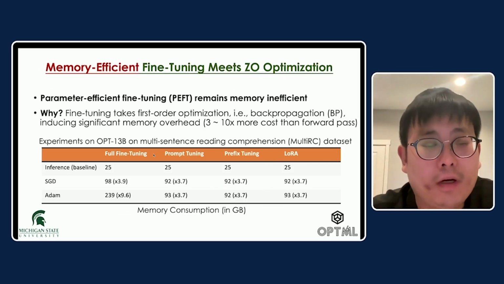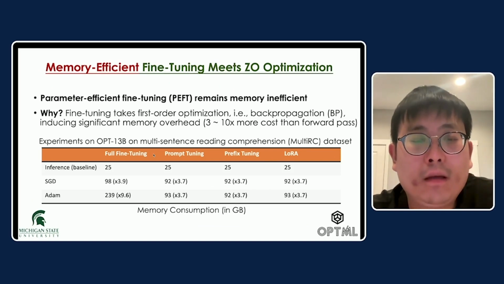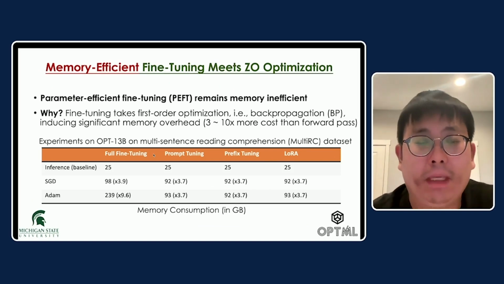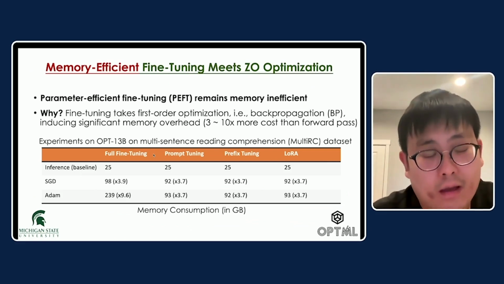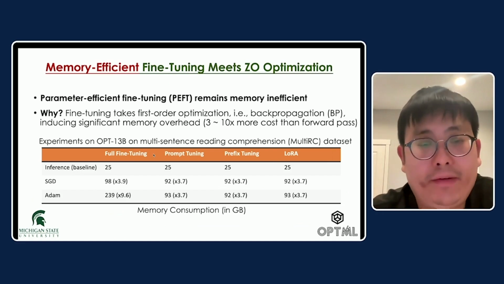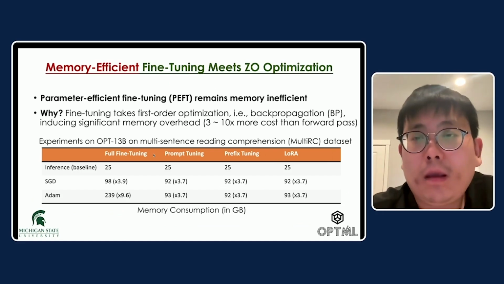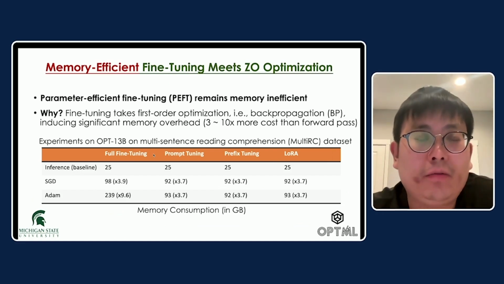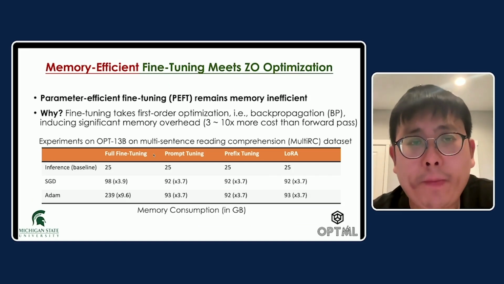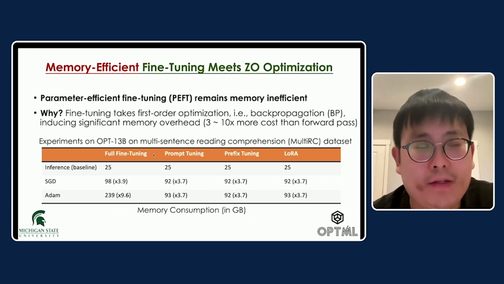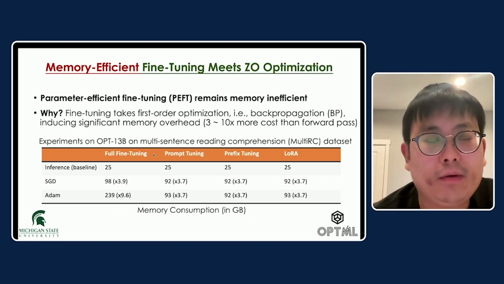The issue causing this memory cost is that the optimizer has to rely on BP. And BP has to take a lot of activation memory. Therefore, zeroth-order optimization can play a role in reducing memory if we can avoid BP. So this is a key motivation for integrating zeroth-order optimization to reduce memory and conduct model fine-tuning.